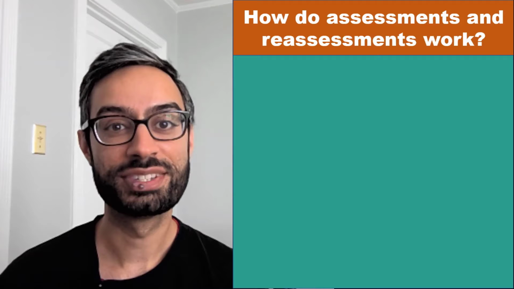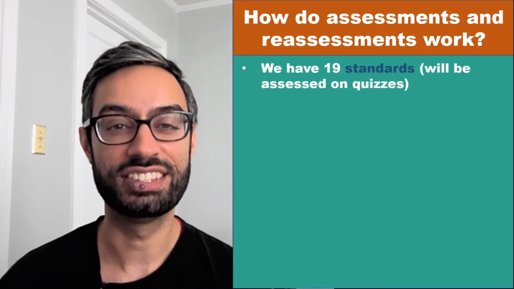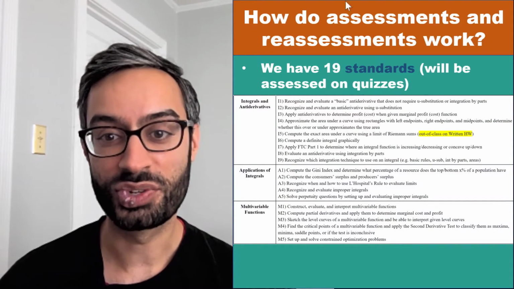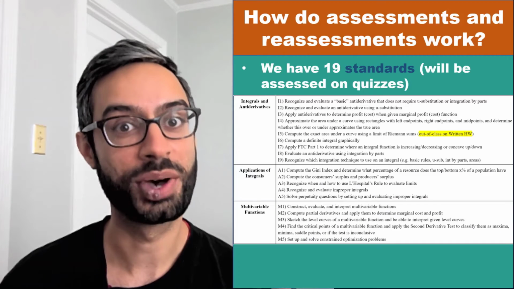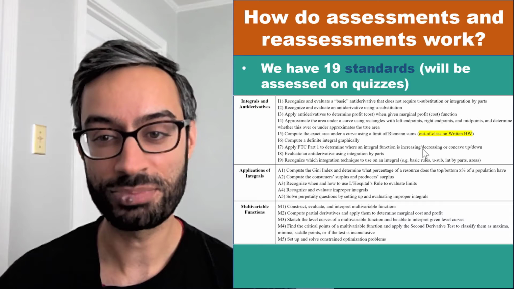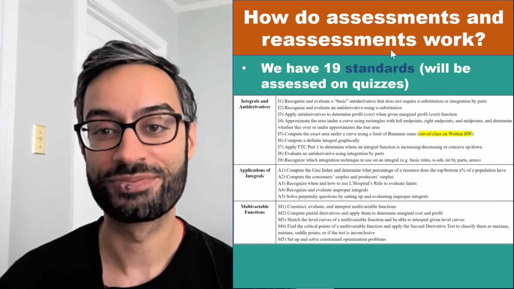How will assessments and reassessments work in our class? We have 19 standards, these learning objectives, and here's a list of them. I know this shows up pretty small here, but you can find this complete list on our syllabus, which will be posted on Camino. You'll be assessed on these during quizzes, with the exception of one of them, which you'll be assessed on in the written homework.